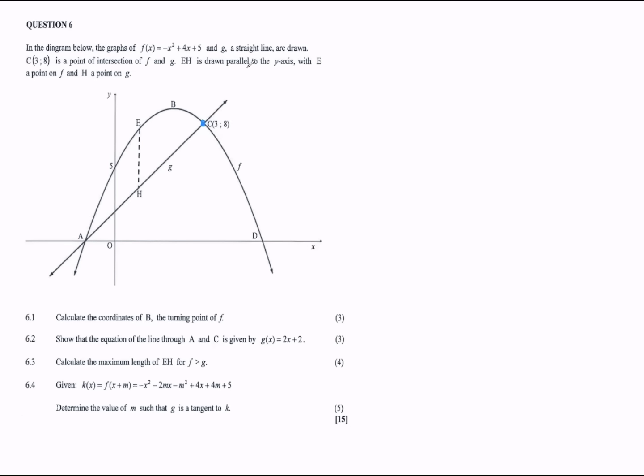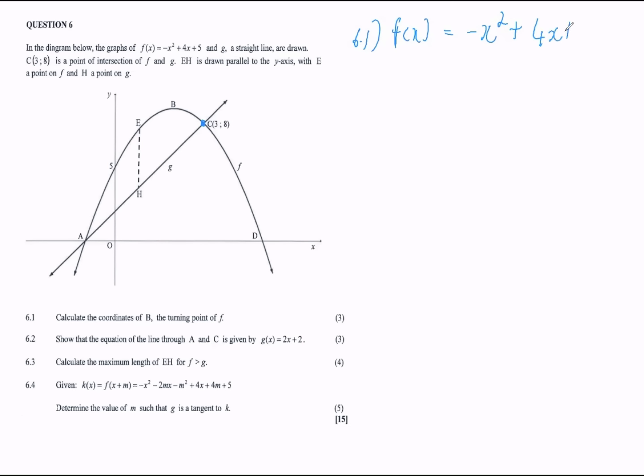And then EH is drawn parallel to the y-axis, with E a point on f and H a point on g, right? Then 6.1 says calculate the coordinates of B, which are the turning point of f. Now, obviously, this is a classic question. We know that if we want to calculate the coordinates of the turning point, we have to apply the axis of symmetry formula.